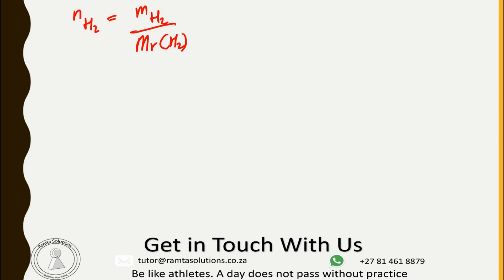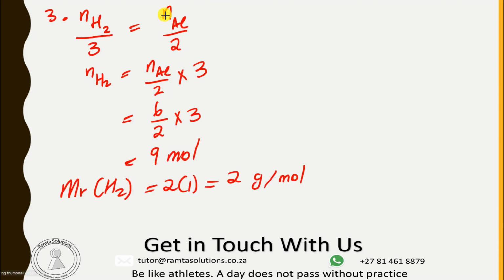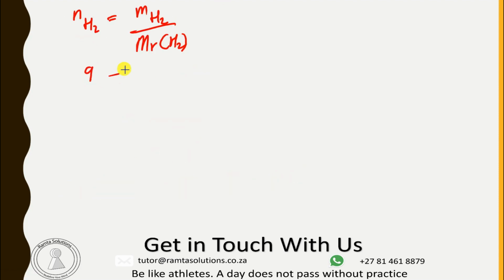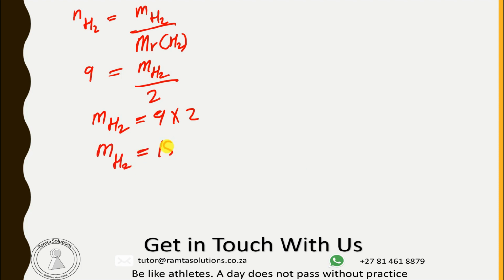Now, what was this? I think it was 9. 9 equals mass of hydrogen gas over 2. Now, mass of hydrogen gas is equal to 9 times 2. Thus, mass of hydrogen gas is equal to 18 grams.